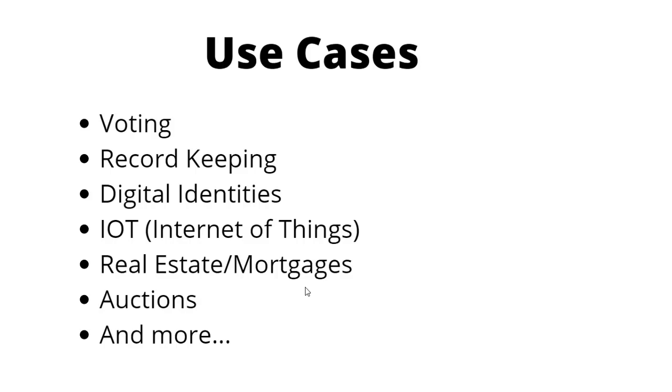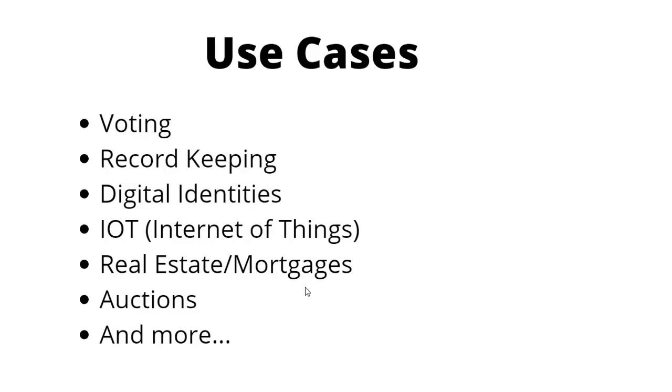One of the use cases, as you've seen, is in financial markets, but it can also be used in voting because most people think that the government manipulates. If we use blockchain for voting, it will be more secure and more fraud proof.